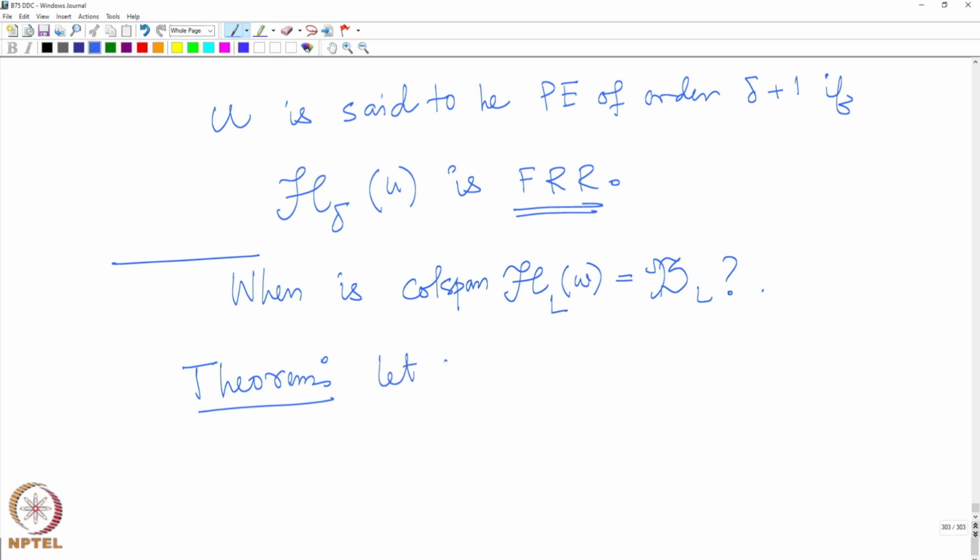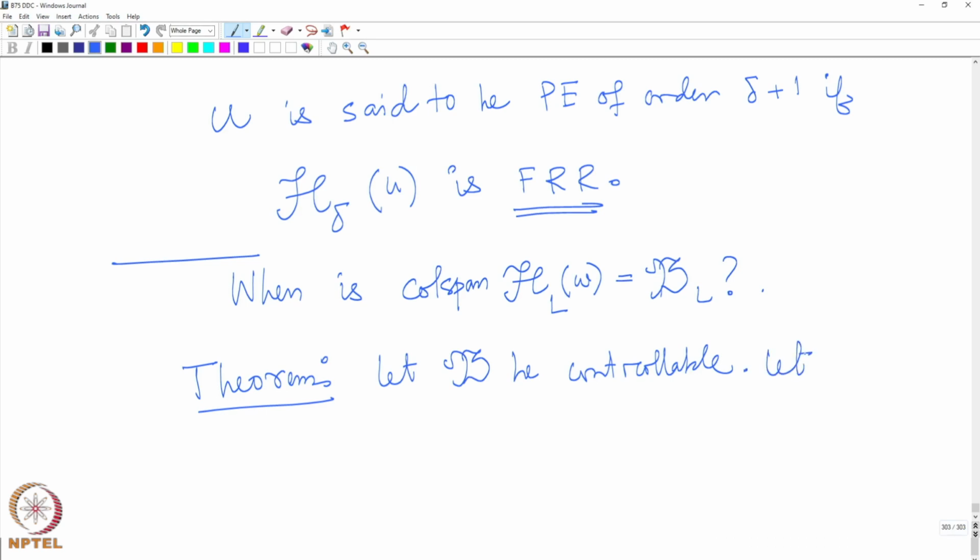Let B be controllable. We need that, remember, because the underlying kernel representation was assumed to be factor left prime in order for us to derive the contradiction from the claim. So that is why we need B to be controllable.